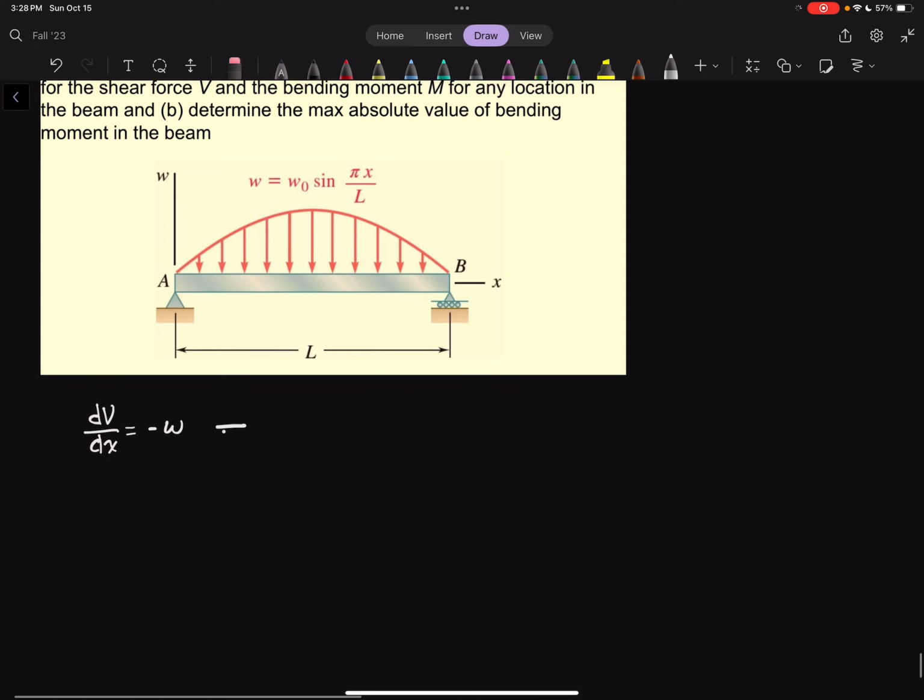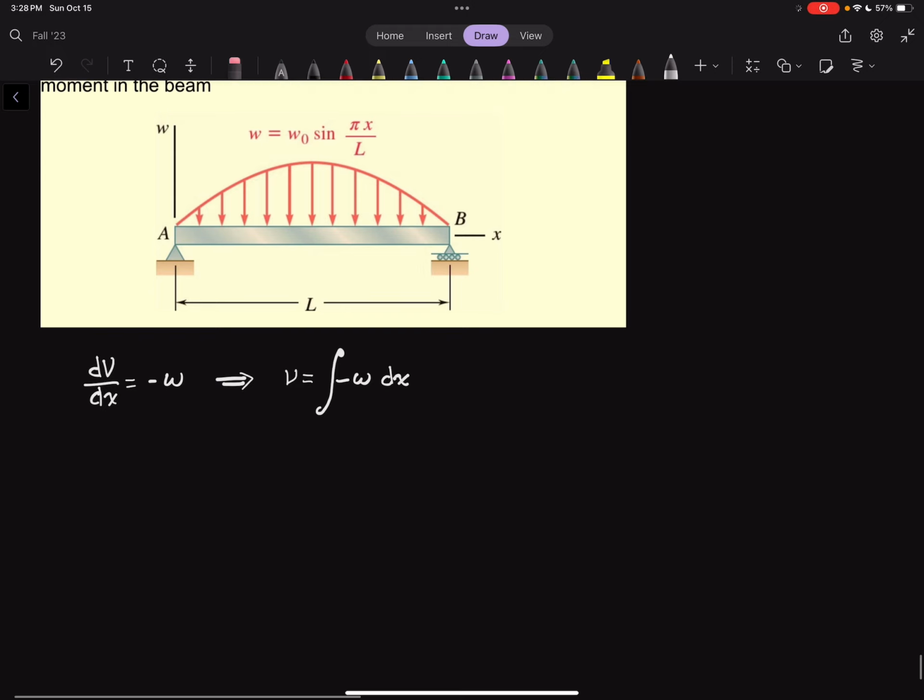Well, in this case, we can say that V is equal to the indefinite integral of minus w dx. Well, we do have the function of w.